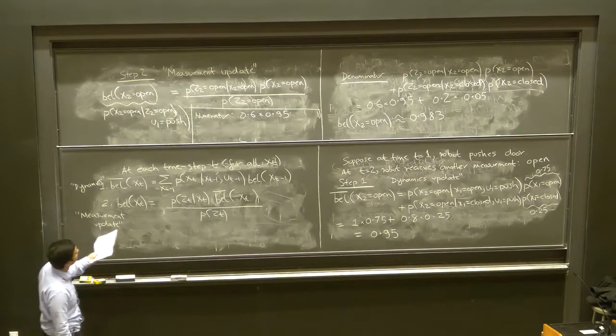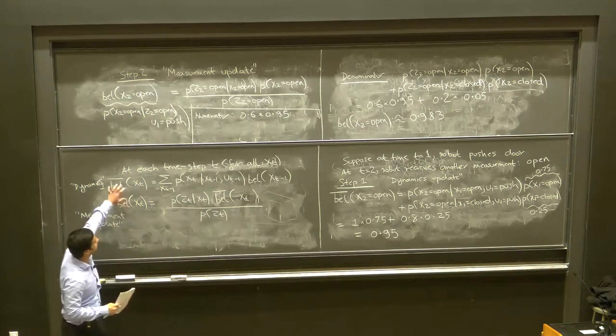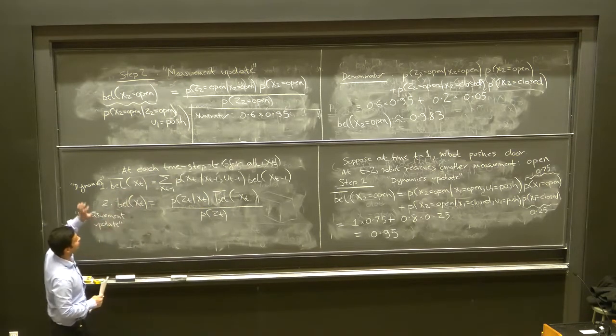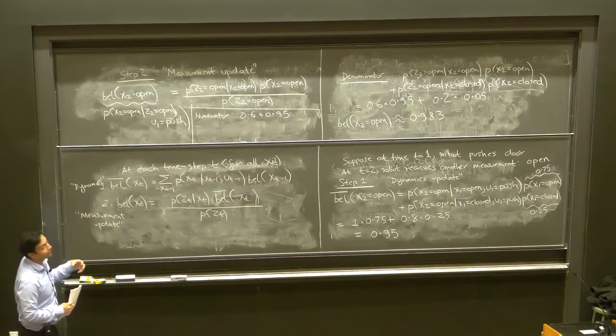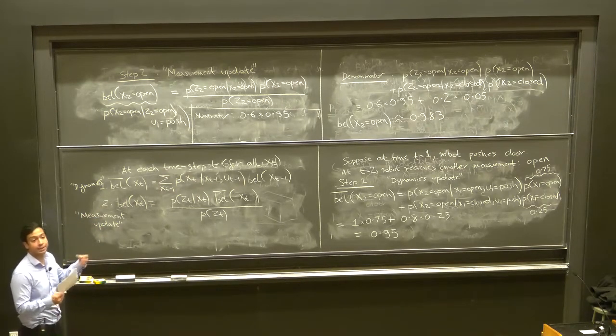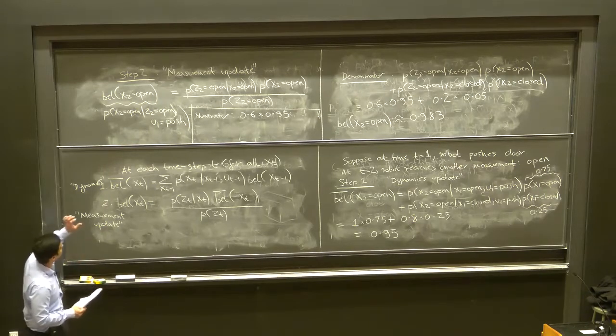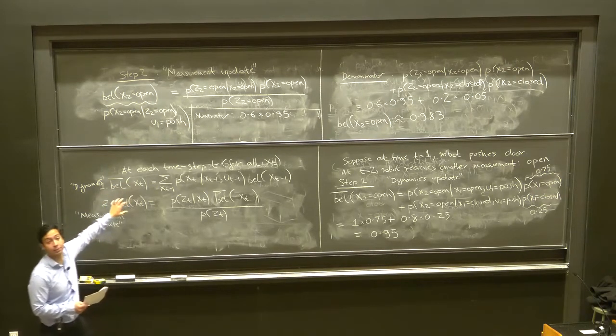One point I want to emphasize again is that this is similar to what we were doing with the non-deterministic filter. With the non-deterministic filter, our representation of uncertainty was just a set, a set of possibilities that the robot could be in. Here it's more refined, it's a probability distribution.